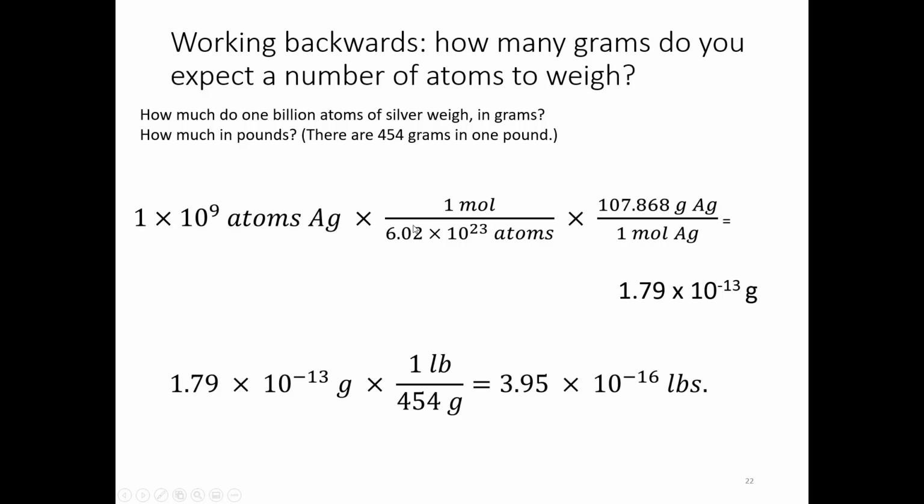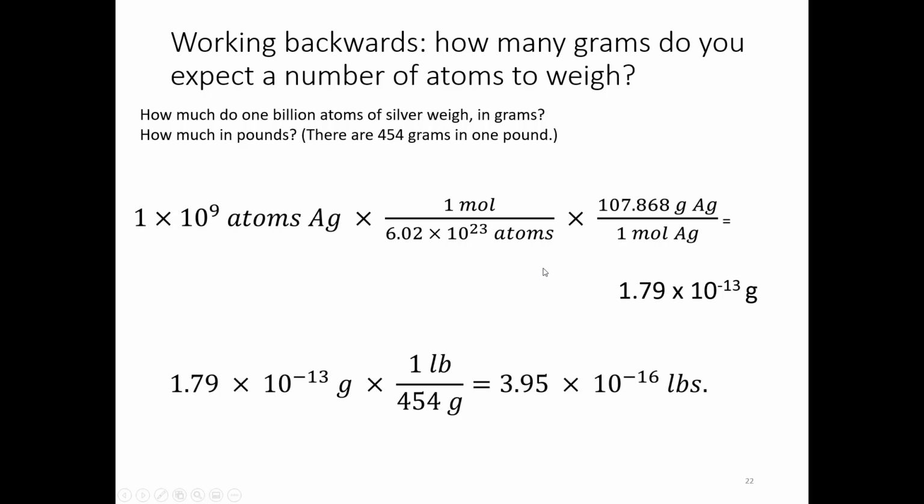So again, we're going to use Avogadro's number, but this time we've got to make those atoms cancel out, and we want to end up in units of moles. So we're actually going to be dividing by Avogadro's number. Once we do that, we're going to get a certain number. Now what I'm doing is a process that we're going to be talking about in our chem activity. This is dimensional analysis, or the factor label method.